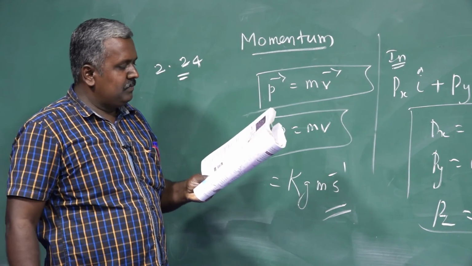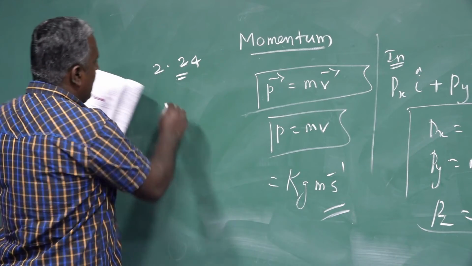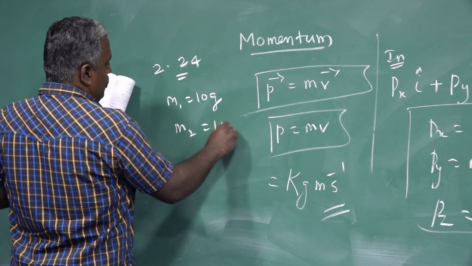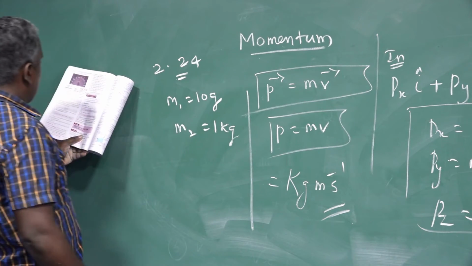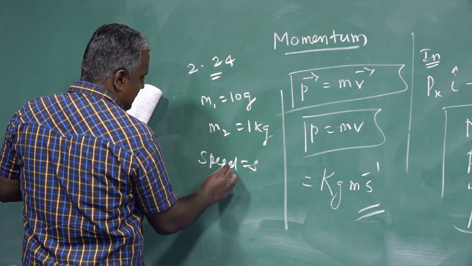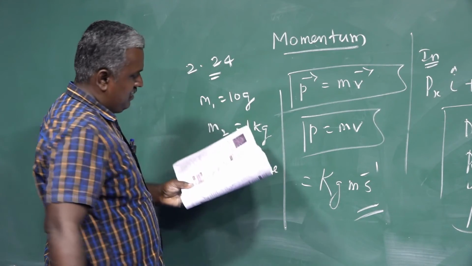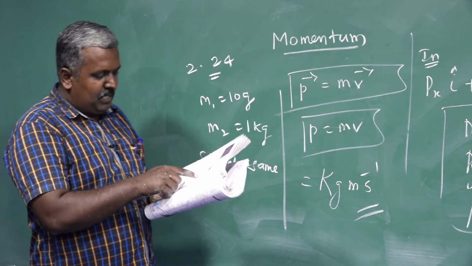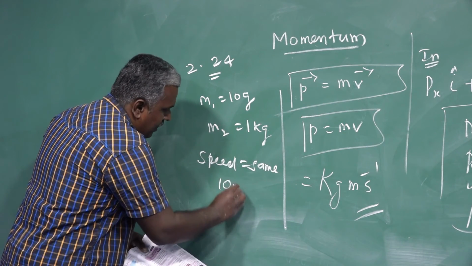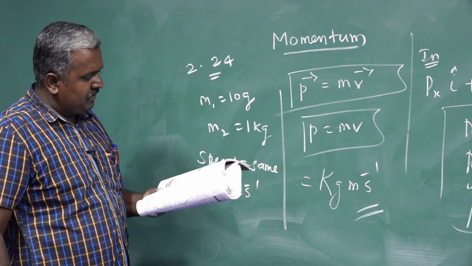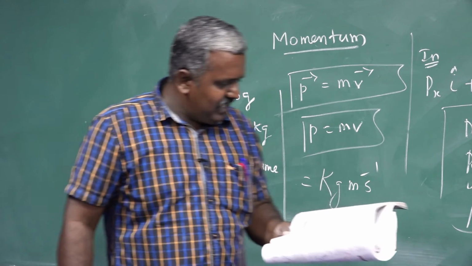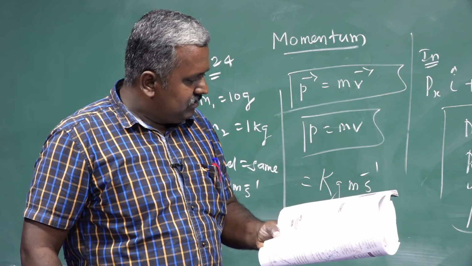Consider two masses, M1 is equal to 10 gram, M2 is equal to 1 kilogram, but the speed is the same. Consider two particles of masses 10 gram and 1 kilogram moving with the same speed, 10 meter per second. Calculate the magnitude of the momentum.